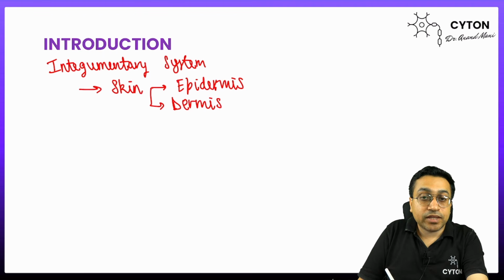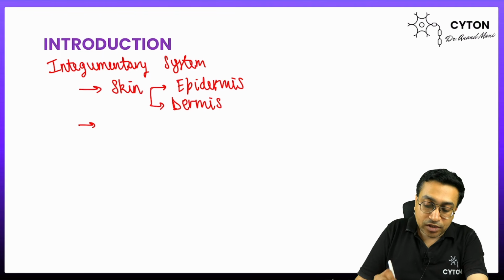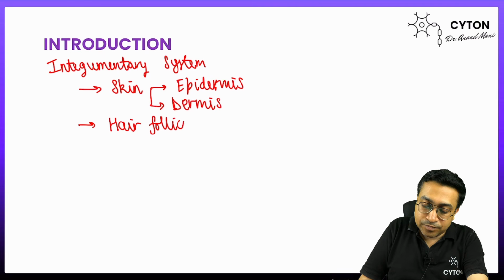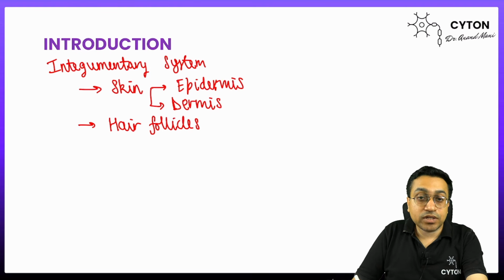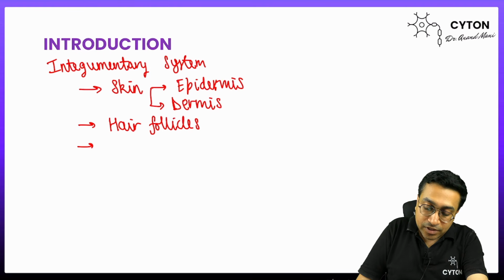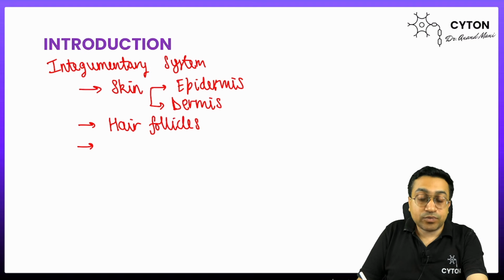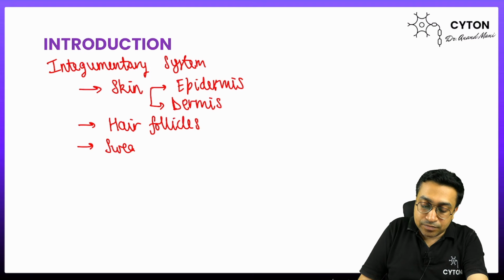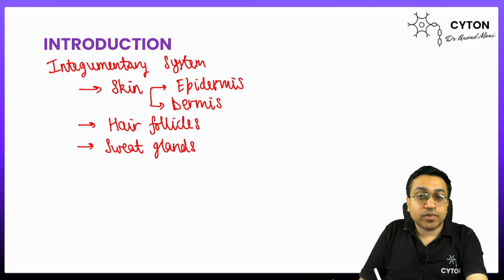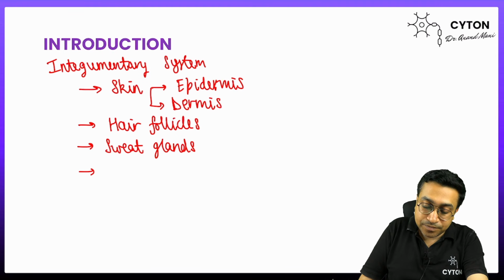Okay, then the appendages. What are the appendages? As the topic is there, appendages includes the hair follicles and the hair itself. Then you have the sweat glands. Okay, the sweat glands. Then we have the sebaceous glands.